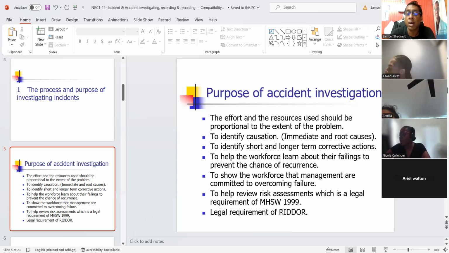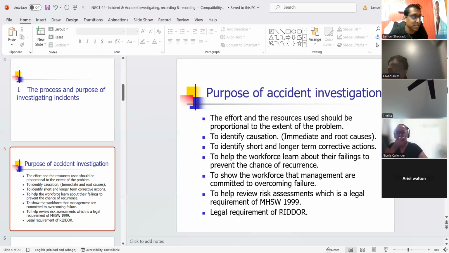RIDDOR stands for Reporting of Injuries, Diseases, and Dangerous Occurrences Regulations 2013. It's on page 25. Nobody will ask what RIDDOR stands for. I'm just going through it, right?